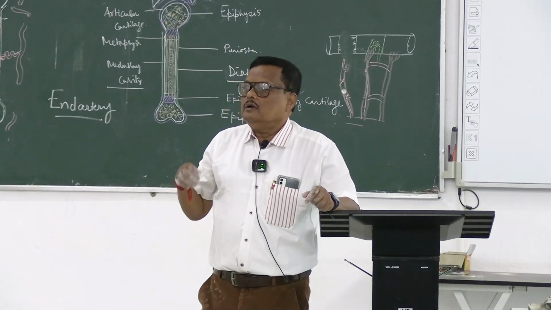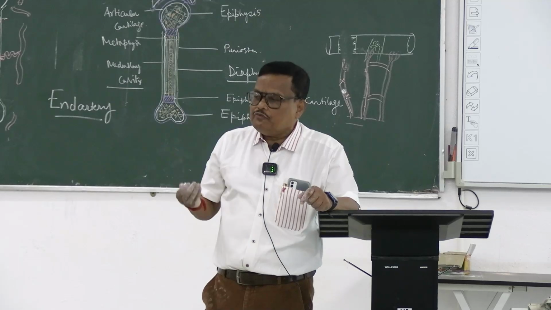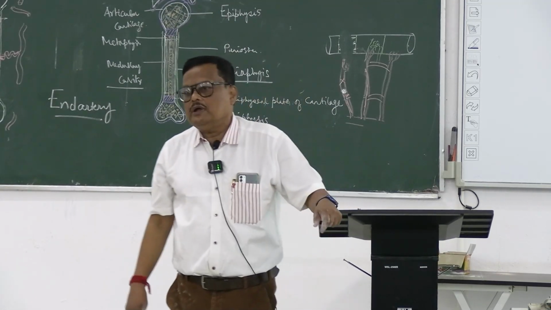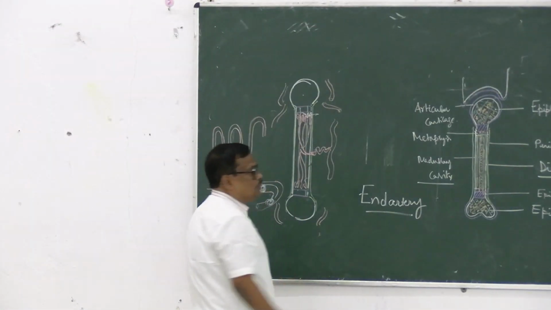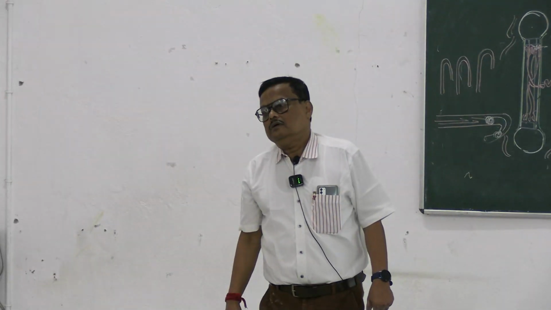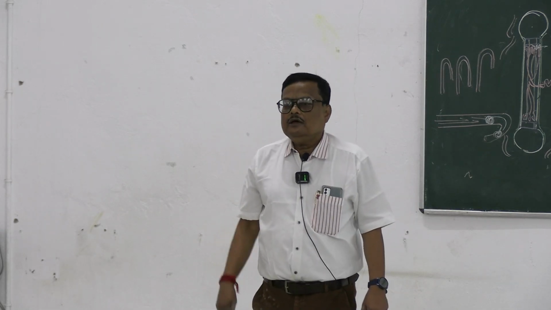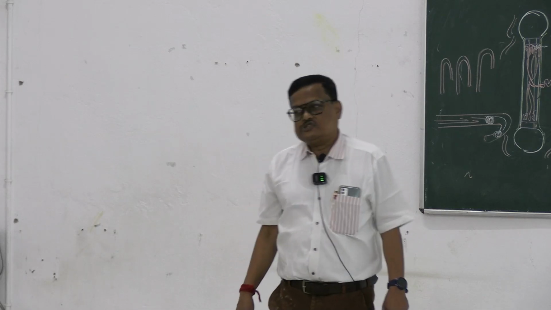It actually tries to be good for us, but sometimes when it is excessive, it becomes very painful and very bad. So appendix, when inflamed, what is the common name of inflammation of appendix? Appendicitis. When the gallbladder is inflamed, the Latin name is cholecystitis.